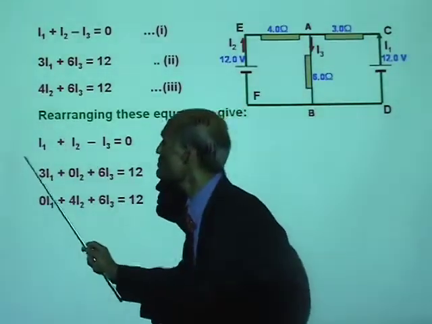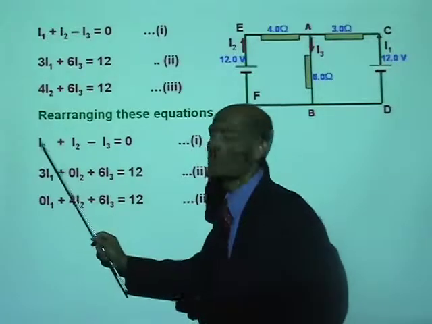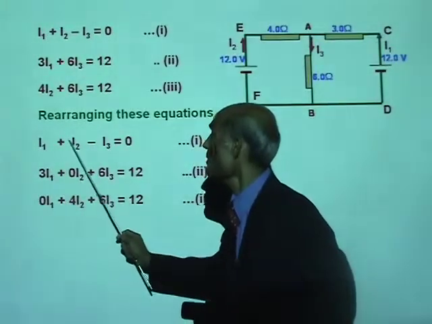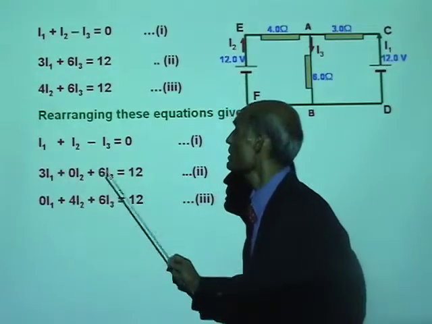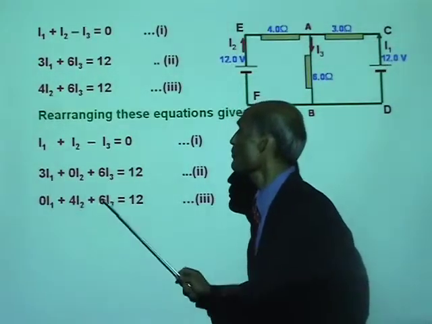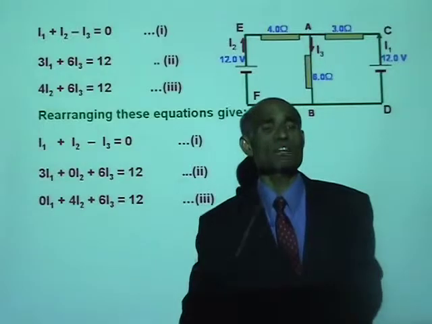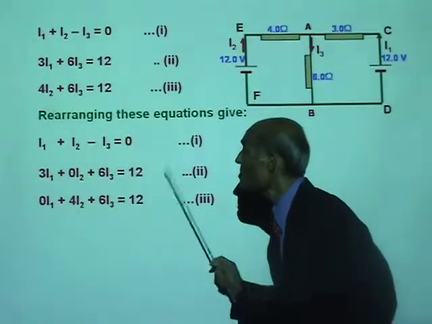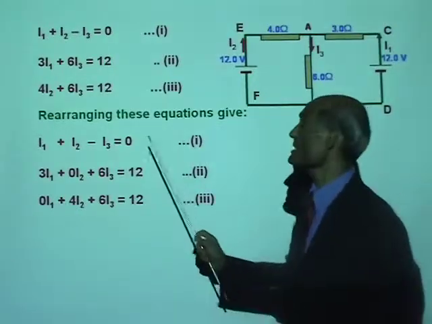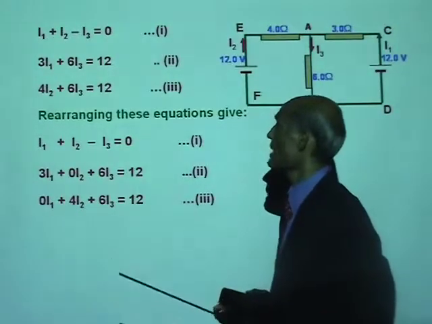So make your matrix A. It will be 1, 1, negative 1, 3, 0, 6, 0, 4, 6. That will be your 3 by 3 matrix A. And then make your 3 by 1 column matrix, 0, 12, 12.